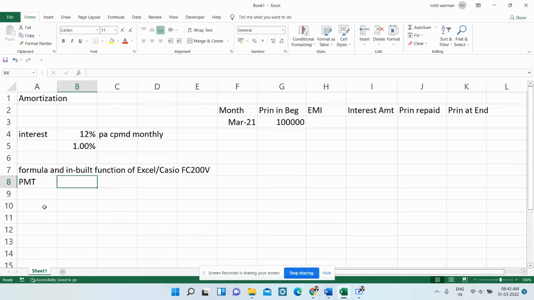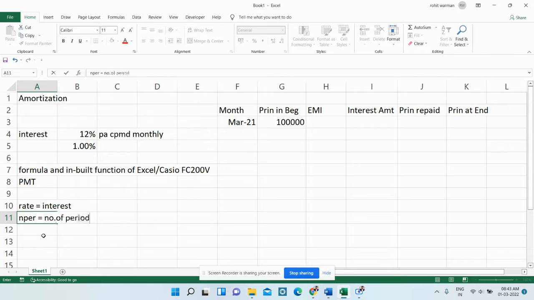Same thing you will find on the calculator also. So I'll put here rate means interest. Then you will find nper, simple, number of periods. On the calculator you will find the letter n. But on the spreadsheet, whether it is MS Excel or Apache Open Office, which you will mostly find at the NSE center, you will find nper, which is number of periods.